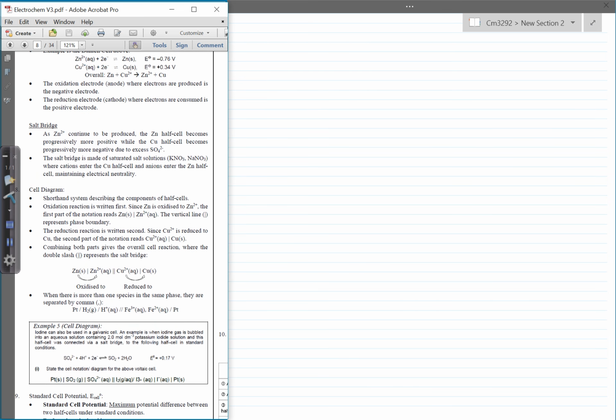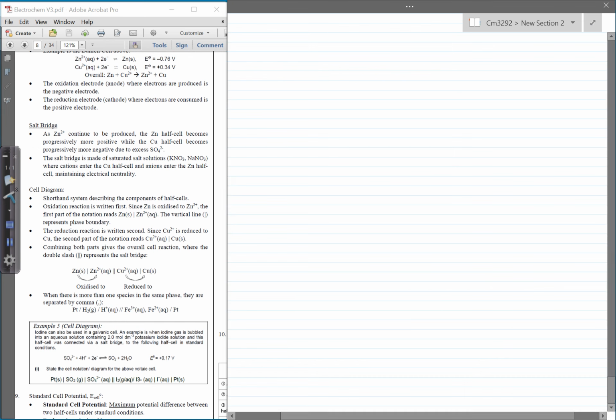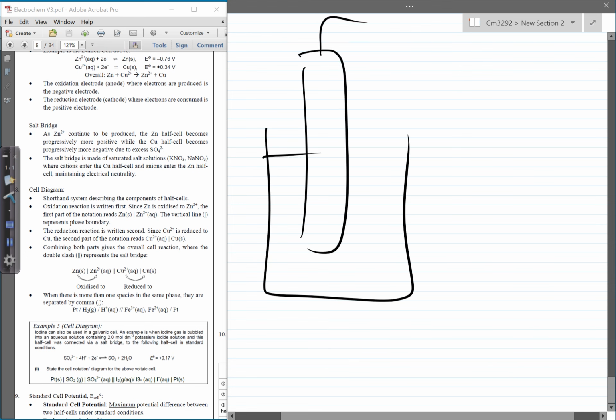For the salt bridge, you can see that as Zn2+ continues to be produced, the zinc half cell becomes progressively more positive, right? If zinc gets oxidized to Zn2+, there will be more and more Zn2+ inside.